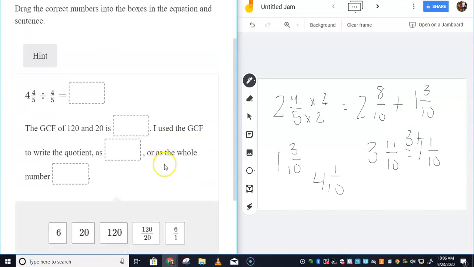Okay, we're going to do some dragging here. This is going to equal 6. The GCF of 120 and 20 is 20. I use the GCF to write the quotient as 120 over 20 or as the whole number 6.